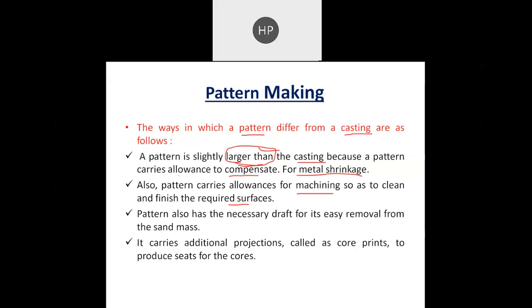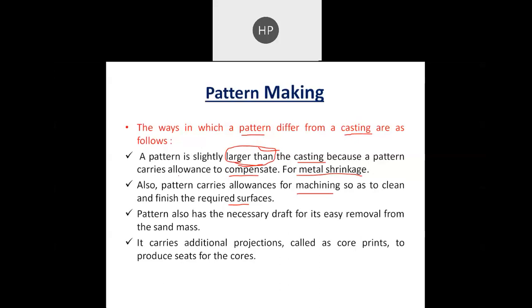So now if you make the product from the casting with the exact required shape and size, and then do the machining operation, then what happens? During the machining operation, some amount of metal will be removed, so its size will be reduced.